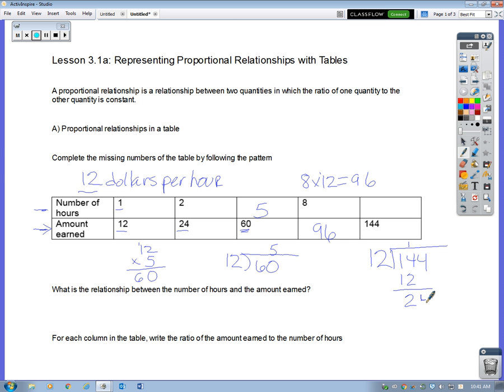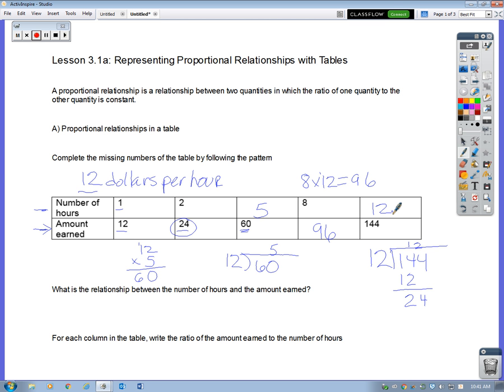Bring down our 4. And we know that 12 goes into 24 2 times because once again it's right over here. So 12 hours will get us $144. So we've completed our table.